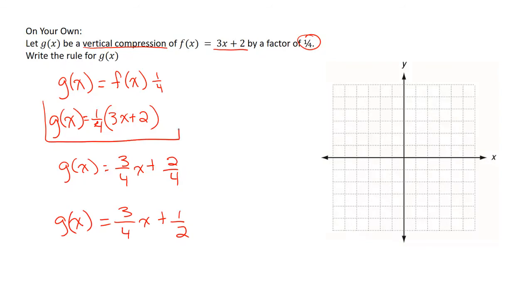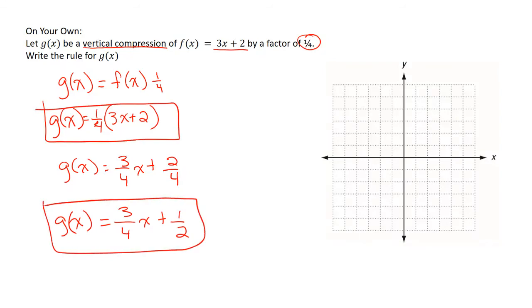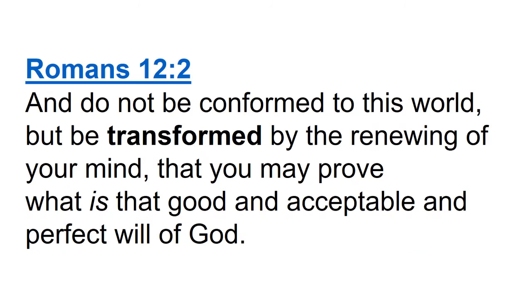I would accept this one just fine, or this one. Either one I would accept. In fact, your book only says this answer right here. So that would be your vertical compression of f of x. And notice, since I was doing y, I multiplied 1/4 by the entire y. I'm not going to plot that out for the interest of time.